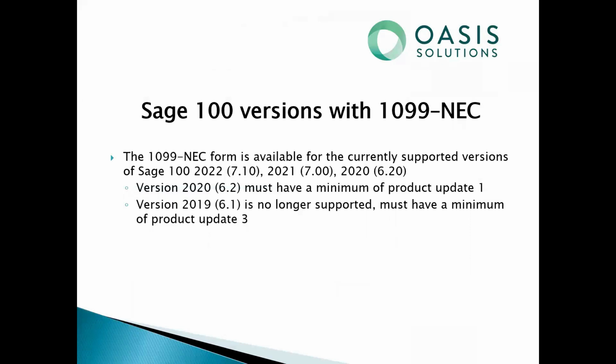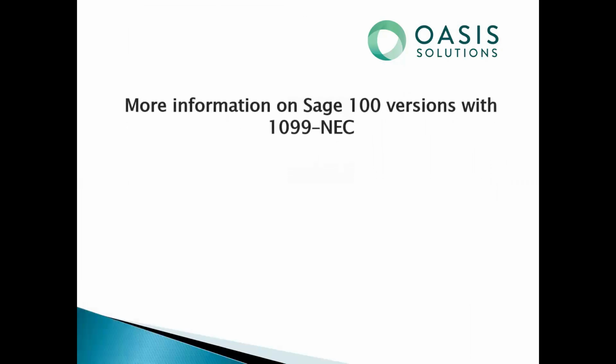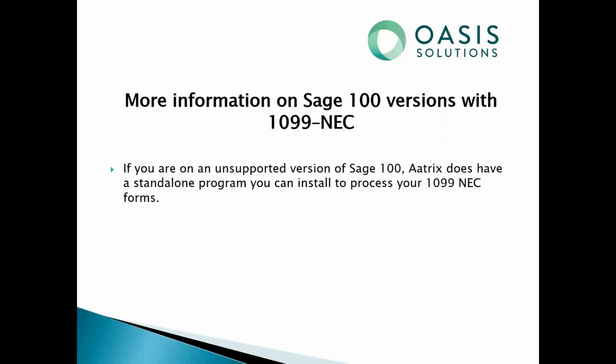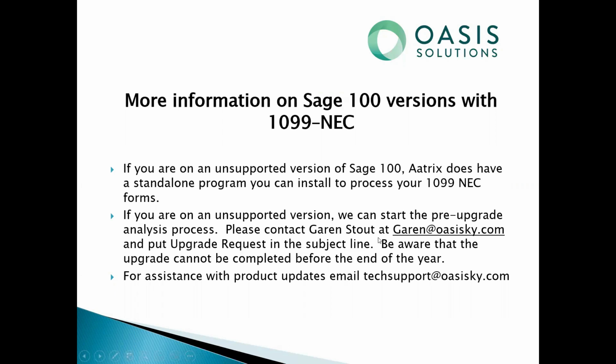So I think most of you are probably on the correct version for this, so I'm not going to dive into details. Just let us know if you need assistance, and we'll work with you. So we do have options. And I'll give you some more information at the end about who to contact.